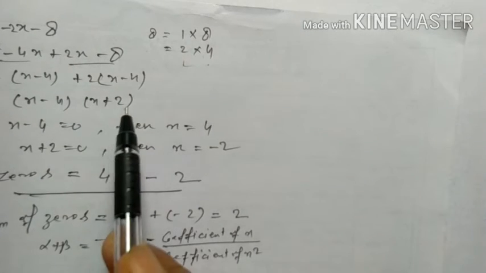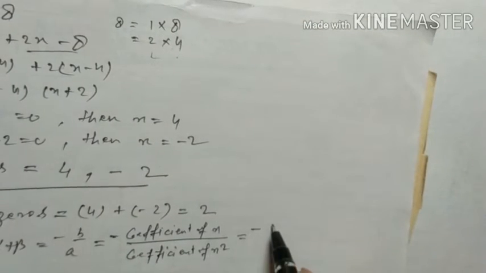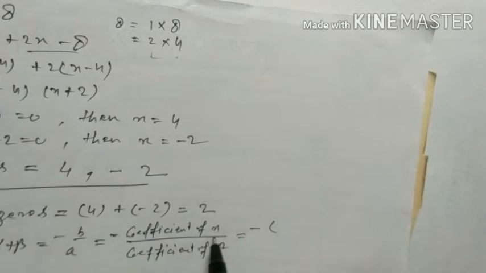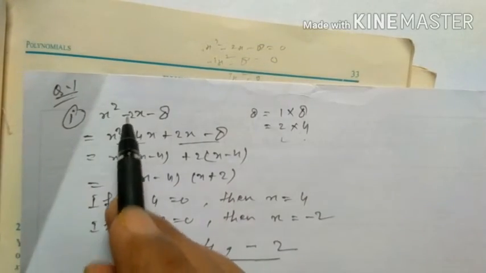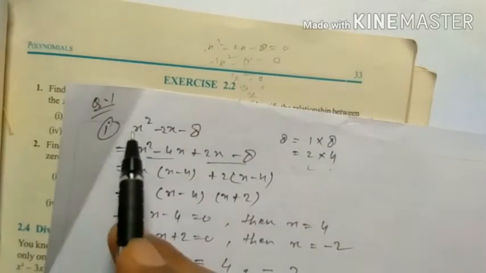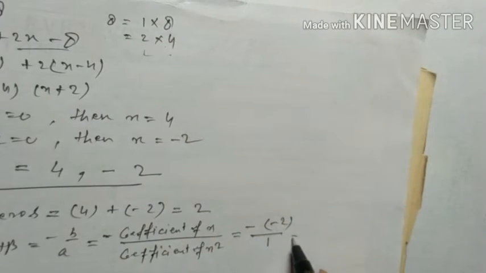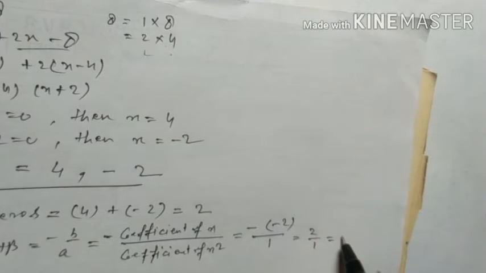The coefficient of x is minus 2, so minus of minus 2 upon coefficient of x square, which is 1, equal to 2 upon 1 equal to 2.